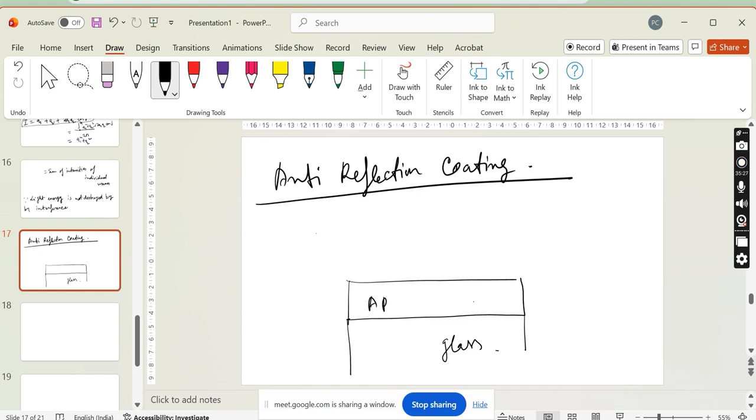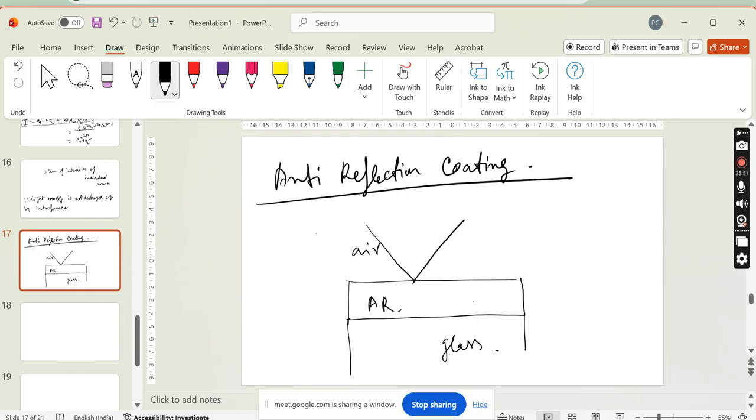This is the anti-reflection coating, and this is air. Because of the reflection at that surface, some of the light is lost due to reflection at the lens surface. Although the loss is very small for a single surface, in a multi-lens system or multi-layer system, the loss is significant. So we need to reduce this loss.